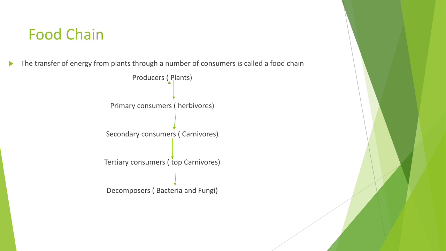So this is one of the food chains. Depending on the food, they get the energy. So the food chain shows the energy pathway. The energy is transferred from one to another, so they can balance in nature.